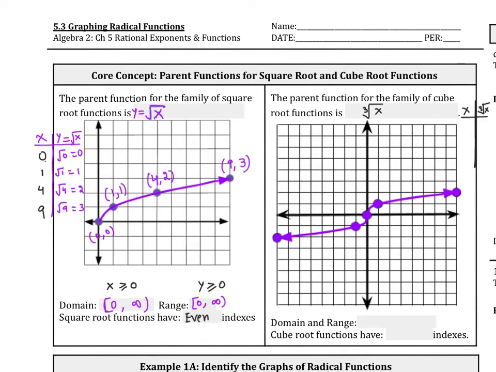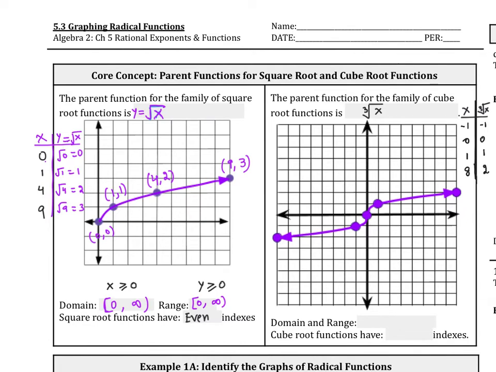So for cube root, we can find out the negative as well as positive values. So we can take -1, 0, 1, and the next value I would take is 8 because cube root of 8 is possible. Cube root of -1 is going to be -1. Cube root of 0 is 0. Cube root of 1 is 1. And cube root of 8 is going to be 2.